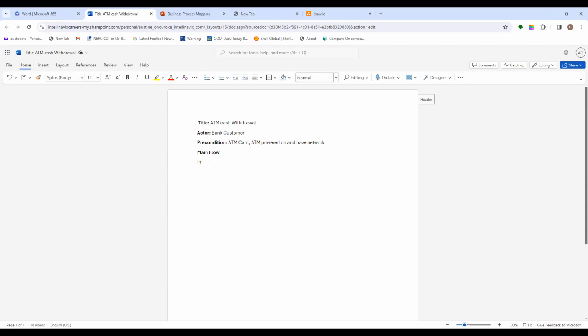Insert card. Thank you. What's the next step? Input PIN. Someone wants to choose language. Okay, so before it tells you PIN, the ATM machine will prompt "insert PIN."